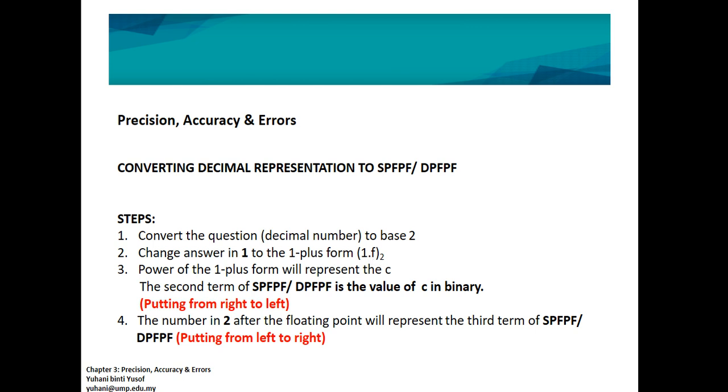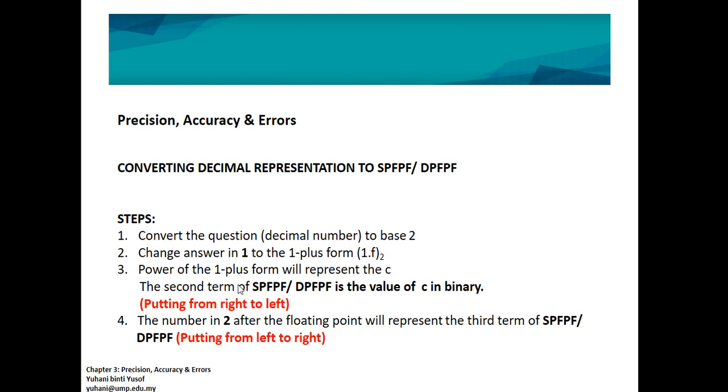For example, you have the answer as 10.10, so it will come as the final answer 1.010 times 2 to the power of 1. The power of the 1 plus form will represent the C. So the power of 2, previously 1, means you need to convert it to binary.